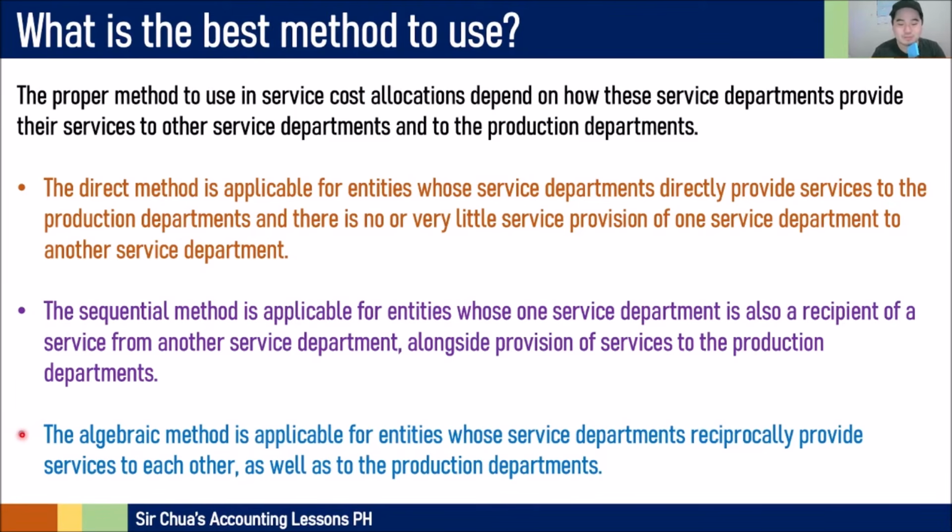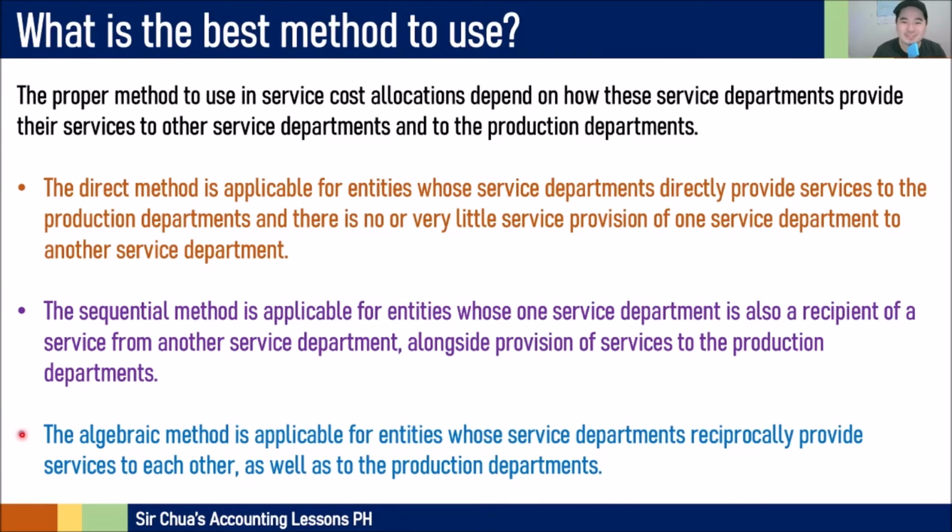Okay. Now, for the algebraic method, that is applicable for entities whose service departments reciprocally provide services to each other as well as to the production departments. Let's say, for example, the human resource department manages the employee needs of the employees in the cafeteria, employees in the production department 1, and the workers in the production department 2. And then the cafeteria is available for everybody.